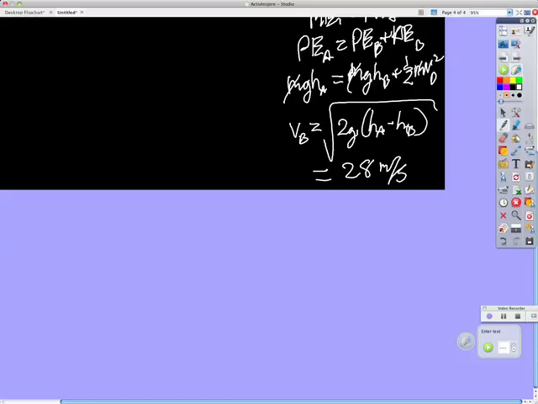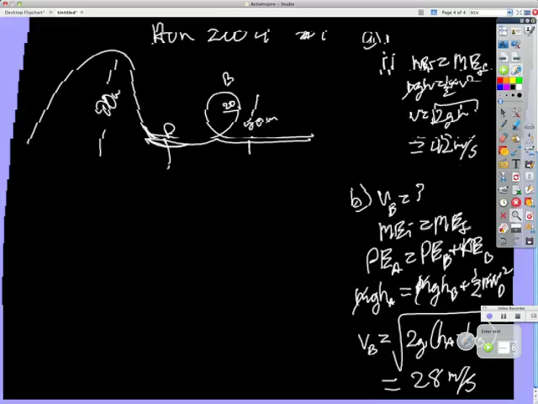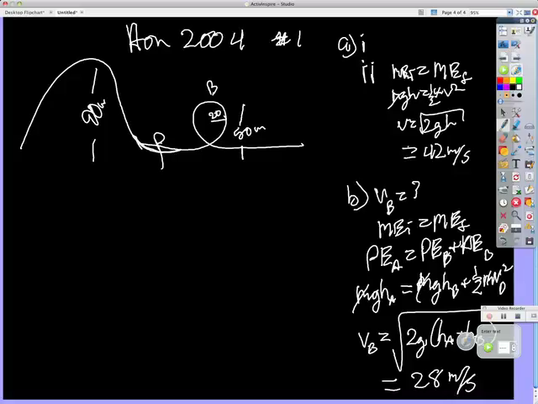Part C, I. On the figure of the car below, draw and label vectors represent the forces acting in the car when it's upside down at point B. So, okay, so we got the car upside down, right?